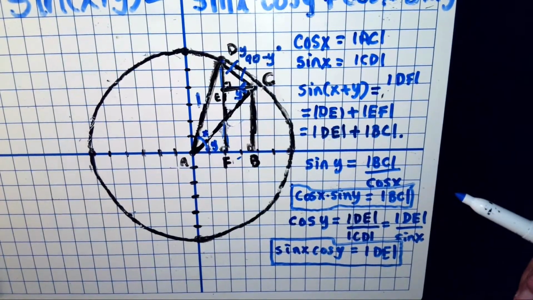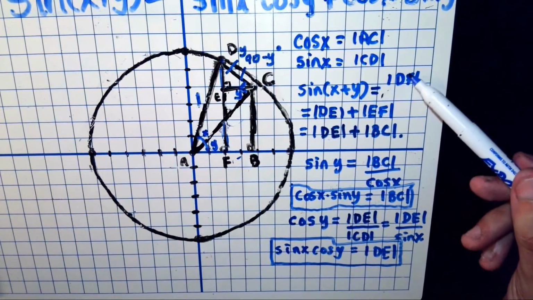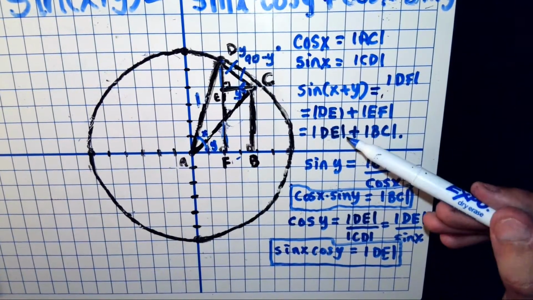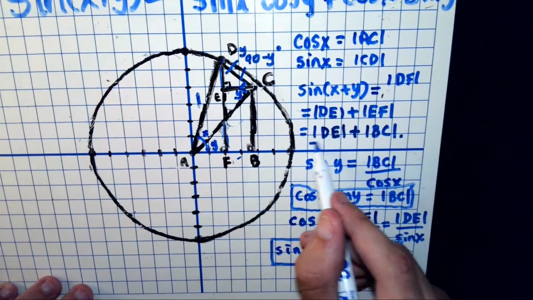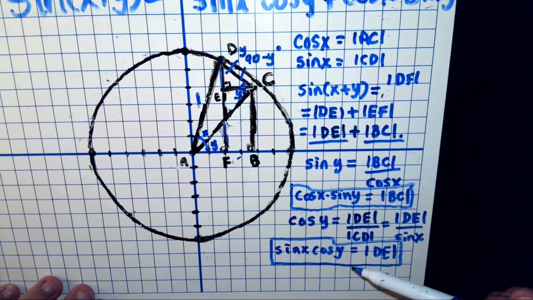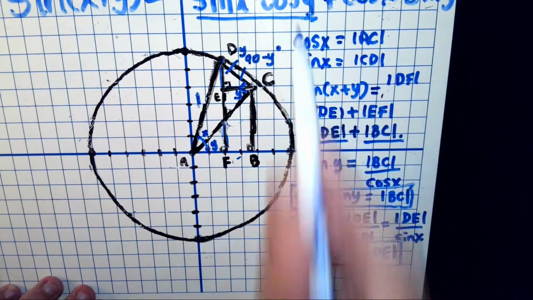And remember that the sine of x plus y was DF. DF was split into these two pieces, DE and BC. We know DE is given by sine x cos y, which matches with what's up here.